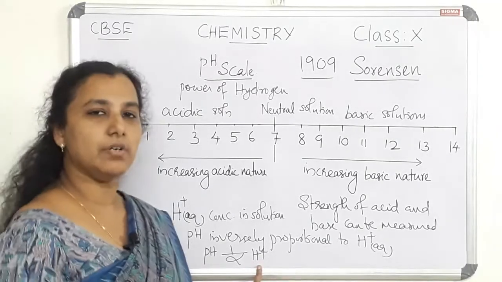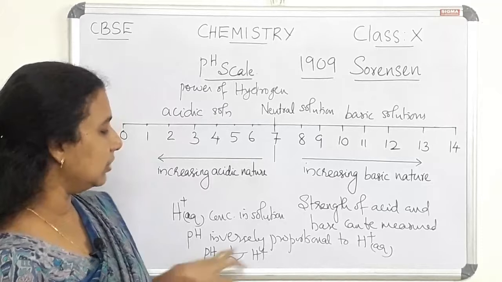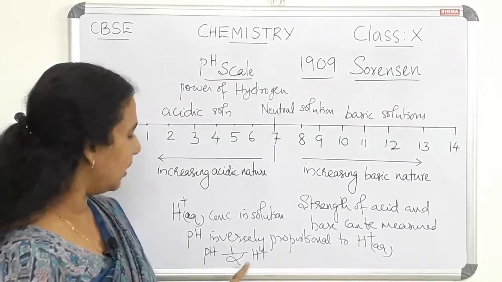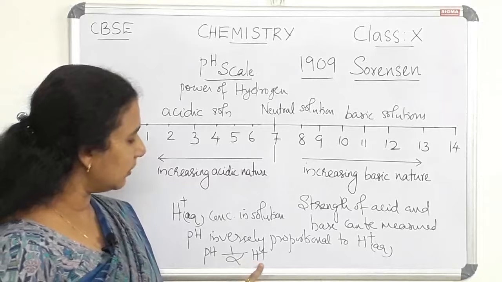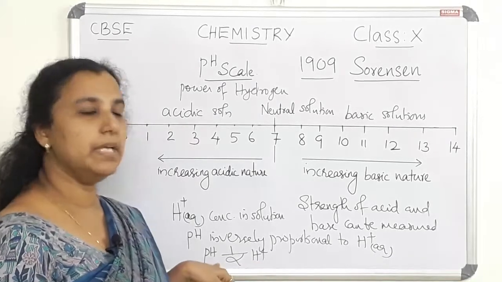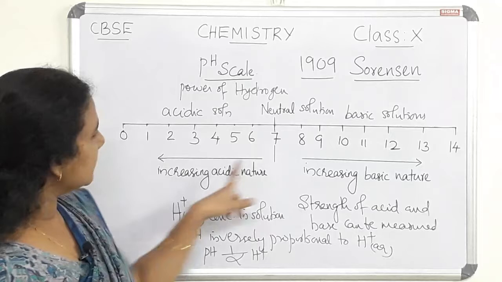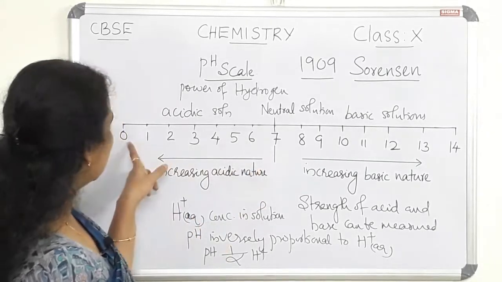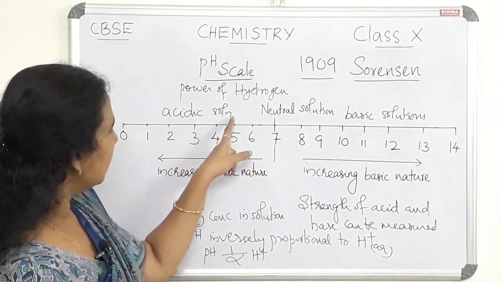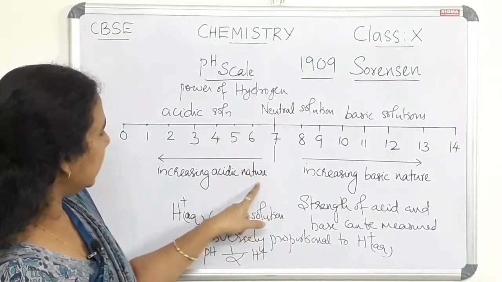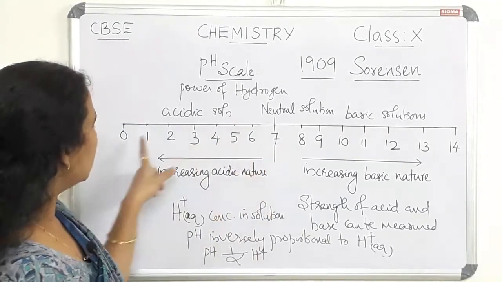If hydrogen ion concentration is more, pH will be less. That is the meaning of inversely proportional. If hydrogen ion concentration is less, pH will be more. Increasing acidic nature means it is between 0 to 7, so if it is less than 7, the solution will be acidic in nature. The increasing acidic nature is from 7 to 0.